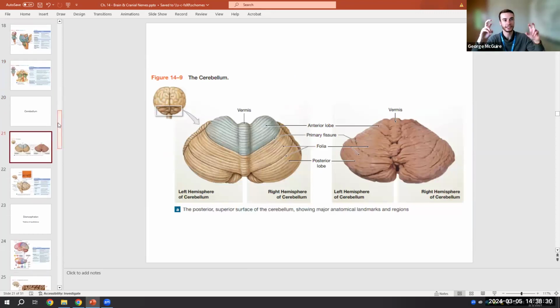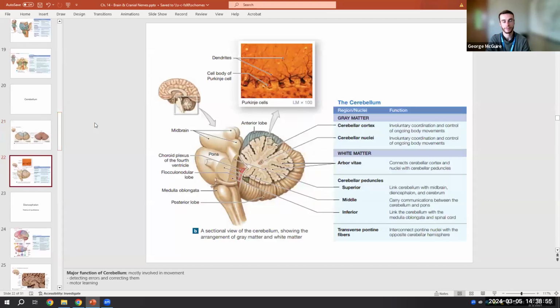So also part of that lizard brain, our early version of what would eventually become our brains, is the cerebellum, which structurally, again, not likely to see assessment looking for, identify the vermis or folia, but that is the term for our little folds rather than gyri and sulci, we have our folia, and we do have some fissures here, but again, mainly just locating, identifying, and knowing the major function.